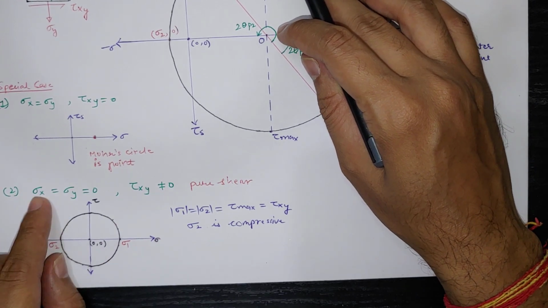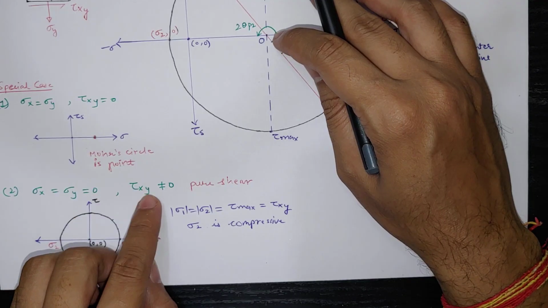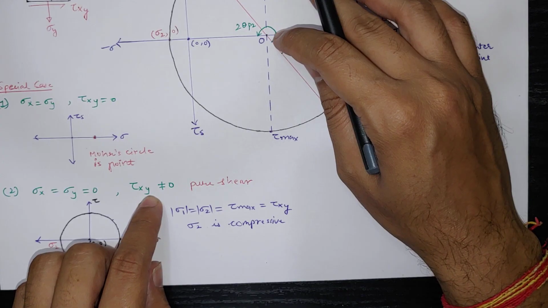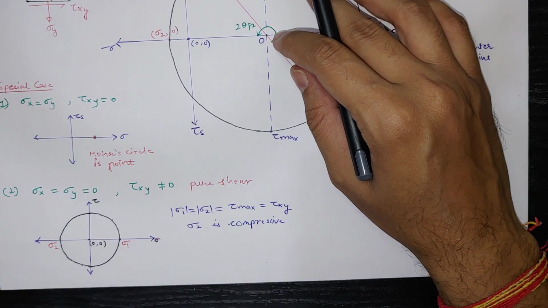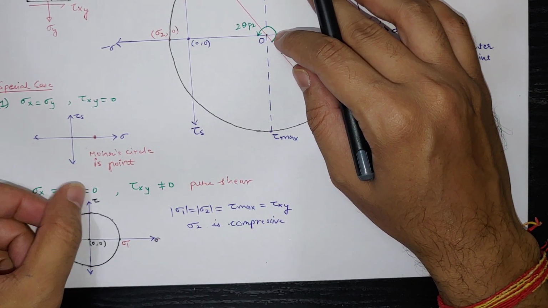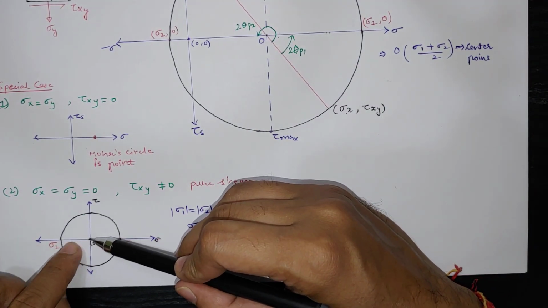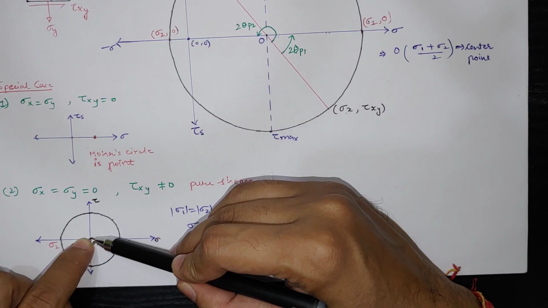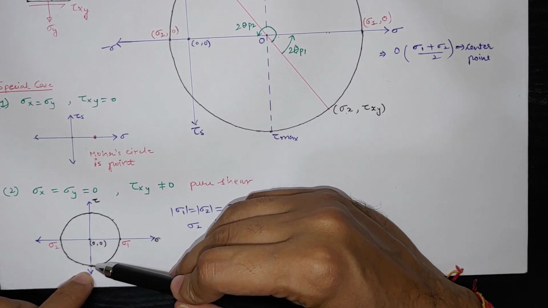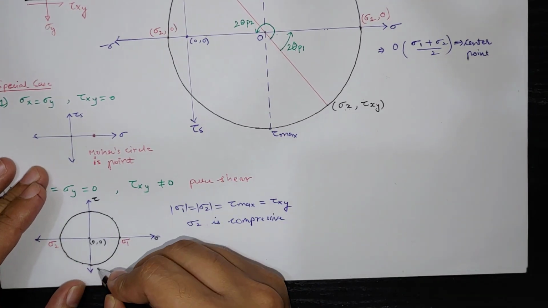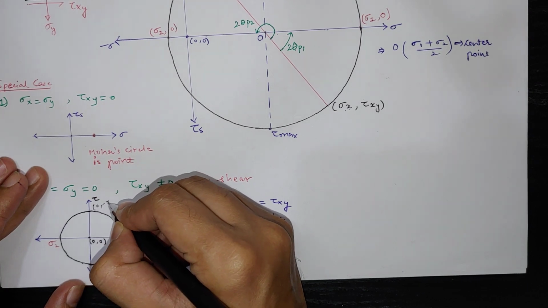The other special case is when we do not have normal stresses, sigma x and sigma y equal to 0, but we have tau xy. That is the case of pure shear. In pure shear, on the Mohr circle we plot a circle from the 0, 0 point, because sigma x and sigma y are 0, and we have tau xy, so the circle will cut at two values: 0 comma tau xy and 0 comma minus tau xy.